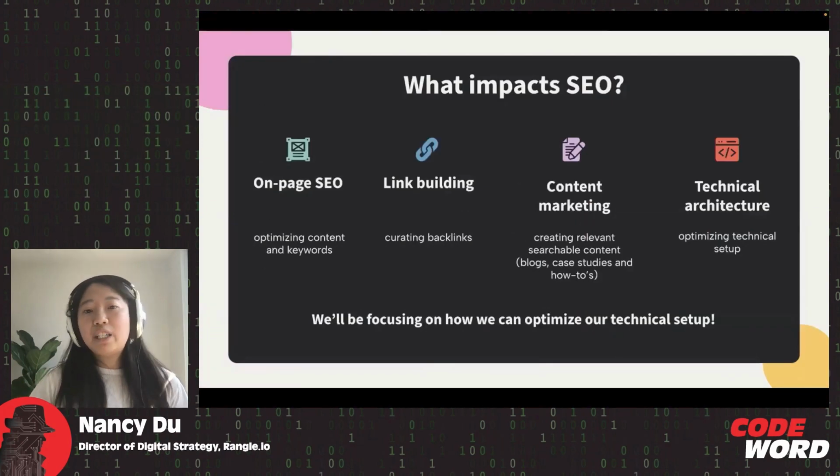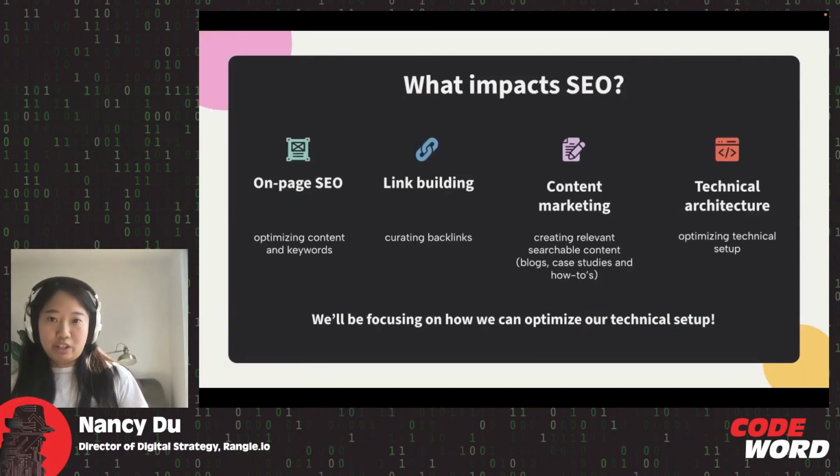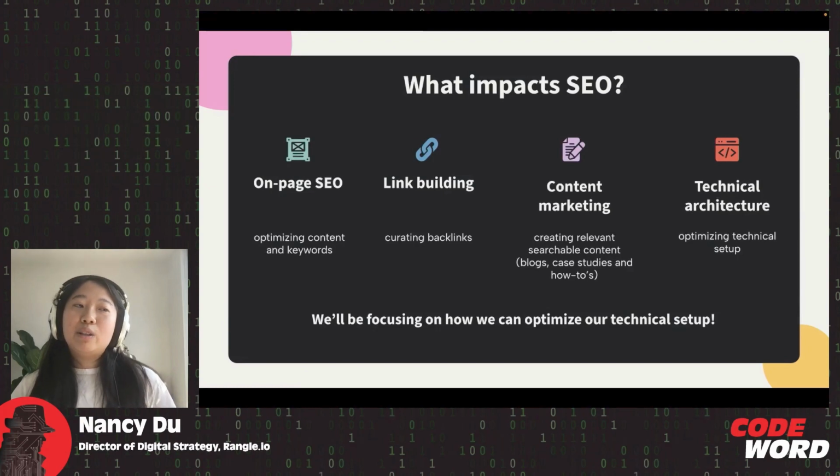So what are the different factors that could impact your SEO? This one is not a straight cut answer. There isn't one factor or a few things that you can do. There are four major groups that you can focus on to optimize for better SEO. The first type is your on-page SEO.